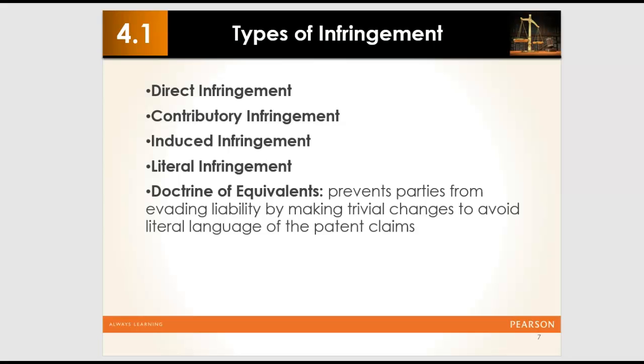So with the doctrine of equivalence, if the patent owner proves that such slight deviation was made on purpose, intentionally, just to get away from the literal infringement, then the infringement will most likely be proved. Okay, so those are the main 4 types of infringement, or you could even call 5 or 4, and then a subcategory of literal infringement, which is known as the doctrine of equivalence.